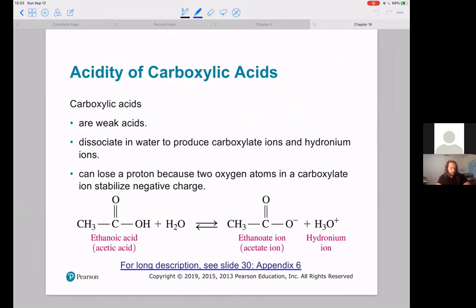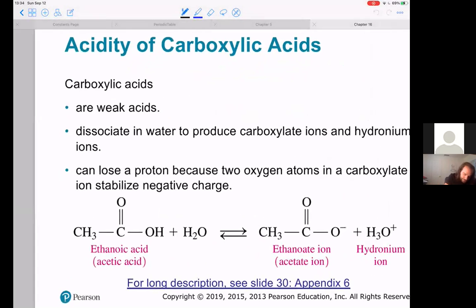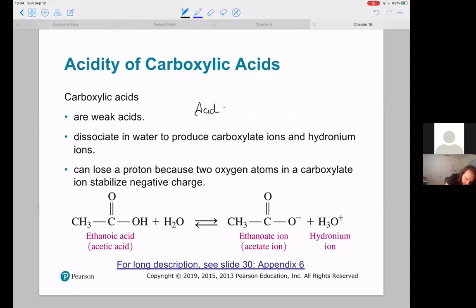Carboxylic acids get their name because they are acids. They're weak acids. So let's remember what it means to be an acid. When you think acid, you should think proton donor. And by proton, I mean H+. In your very first chemistry course, you learned that protons are found in the nucleus of every atom.